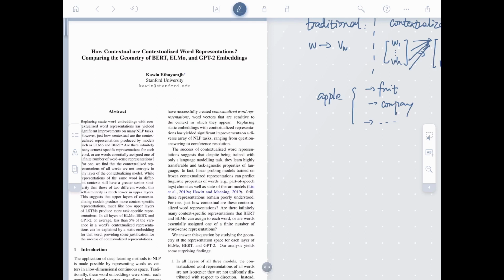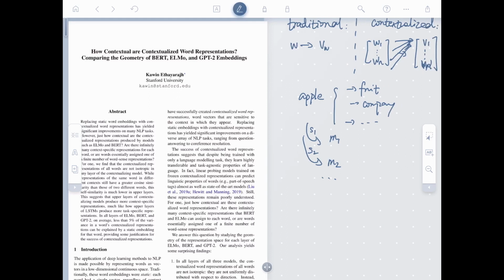Depending on the context, the meaning of a word can be interpreted into different meanings. This is contextualization.